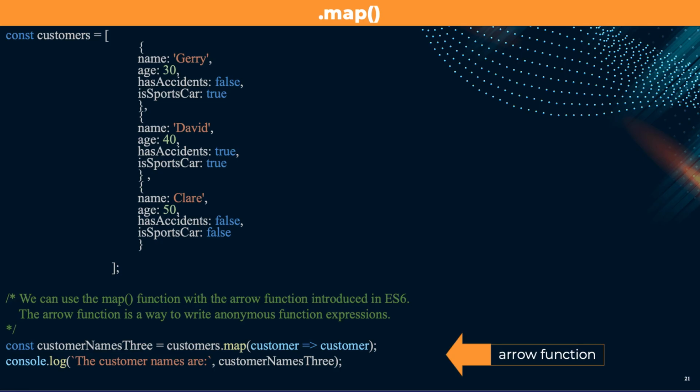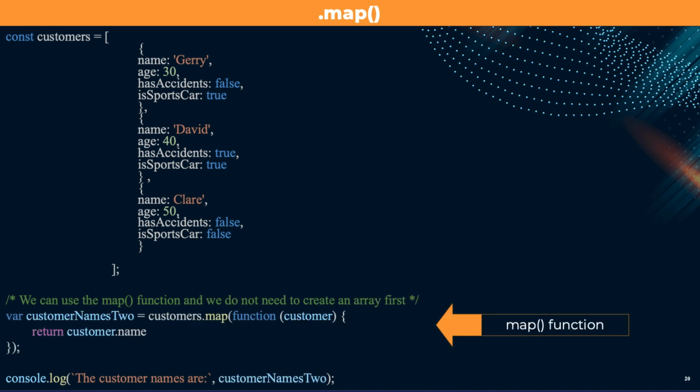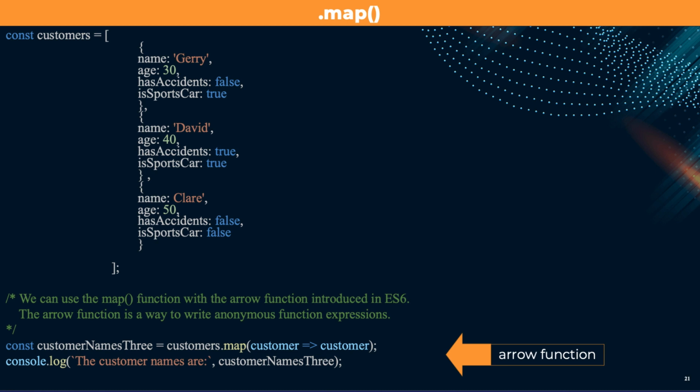Now another way to do the same thing is to use the map, but with this thing called an arrow function. In the previous example, we had the word function, so it takes in a function. Well, this is exactly the same thing, but it's an anonymous function. Again, it says the customer will go to customer.